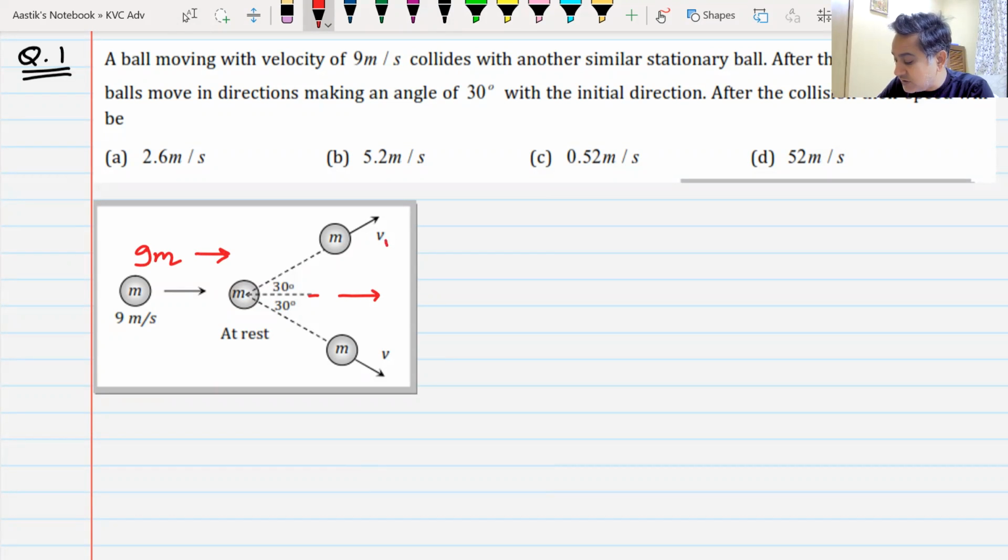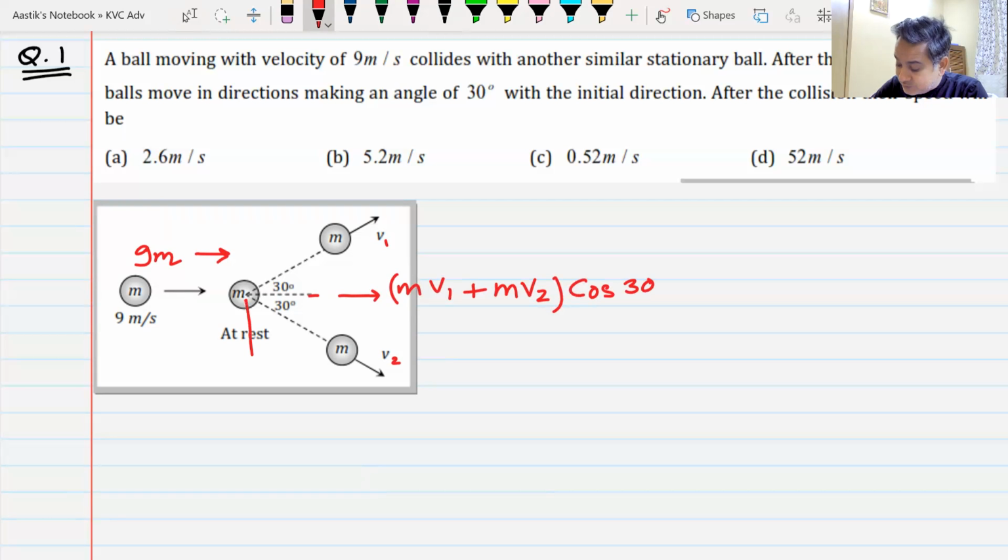If I call the velocity as v1, and if I call the velocity as v2, the momentum will be m into v1 plus m into v2 multiplied by cos 30. Yes or no? Yes, sir. Because I have to take the component of momentum. Here I have assumed that v1 and v2 are both different, but are they different?